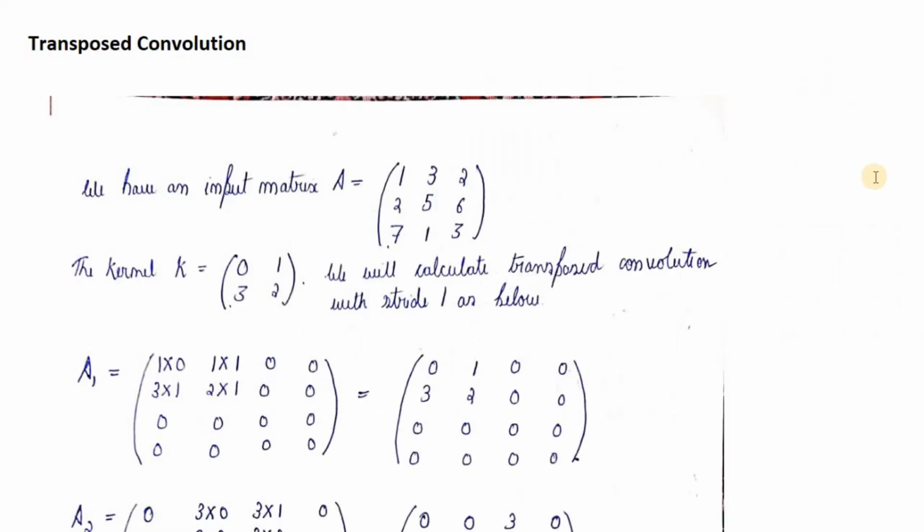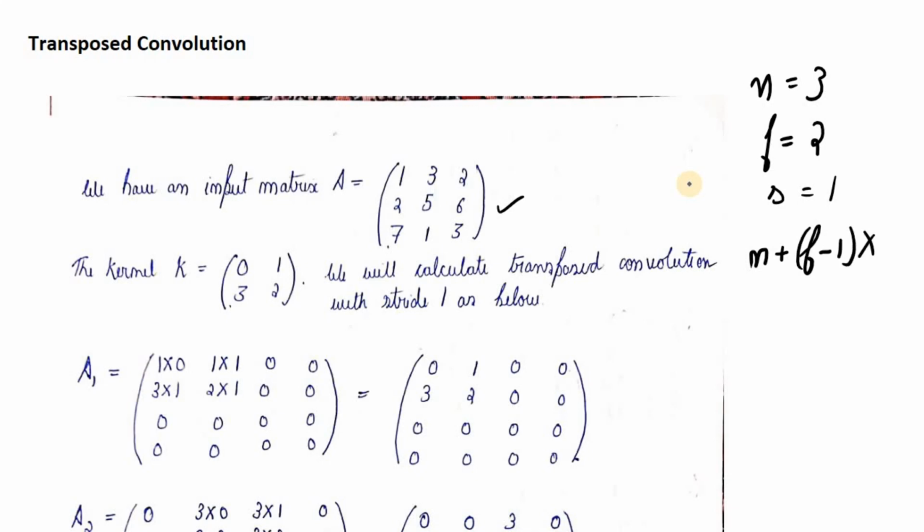I have used much of the formula from this paper, and the visualization did help me in understanding how a transpose convolution works. For the sake of simplicity, I am going to consider a matrix of size 3 cross 3. So here n is of size 3 and we have a kernel f of size 2. With no padding and stride equal to 1, we get an output of size (n + f - 1) cross (n + f - 1).